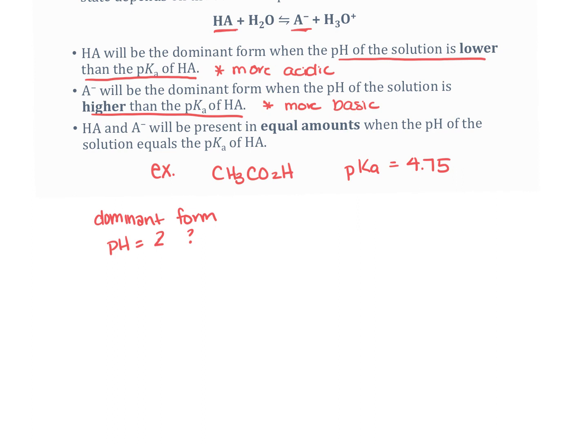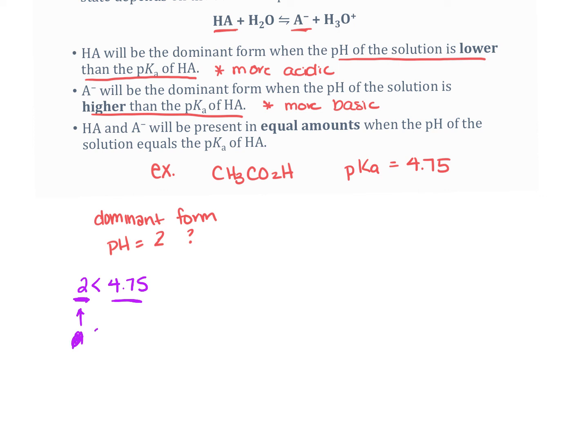So here's what I do. I evaluate and I say, okay, look, the pKa is 4.75, okay? 2 is a lot less than 4.75. That means 2 compared to 4.75 is a heck of a lot more acidic, okay?